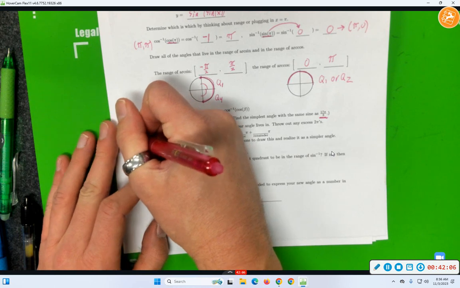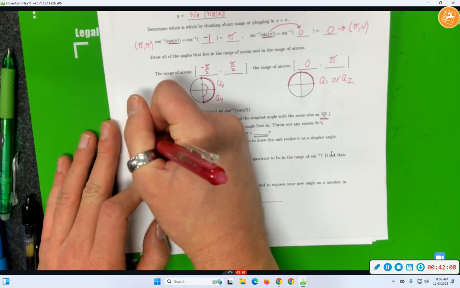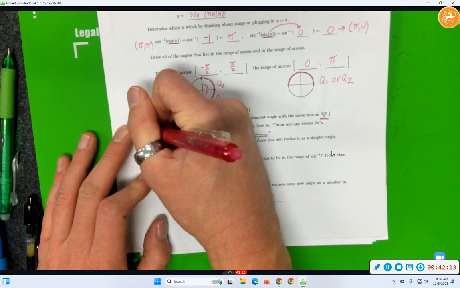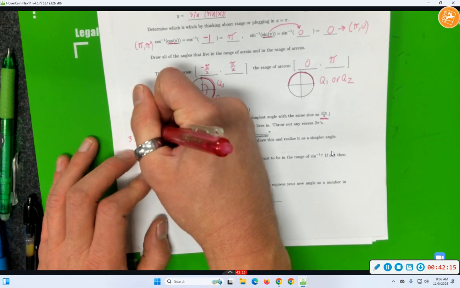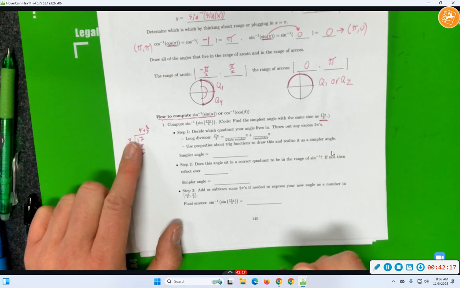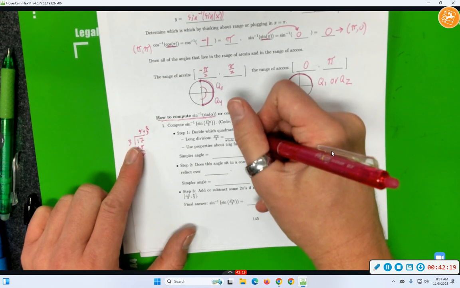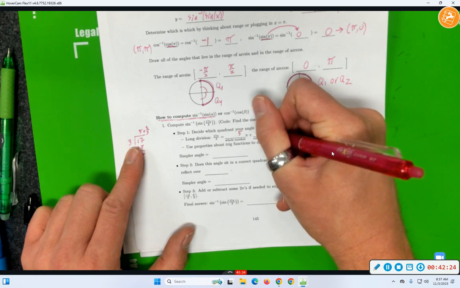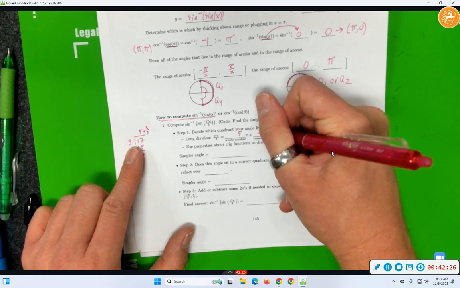Maybe it's worth doing some division. 3 goes into 17 5 times with a remainder of 2. So long division says 17 pi over 3 is the same as 5 pi plus 2 pi over 3.